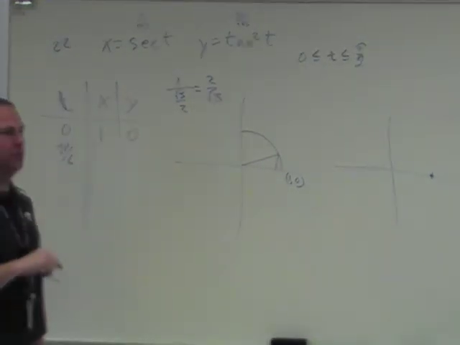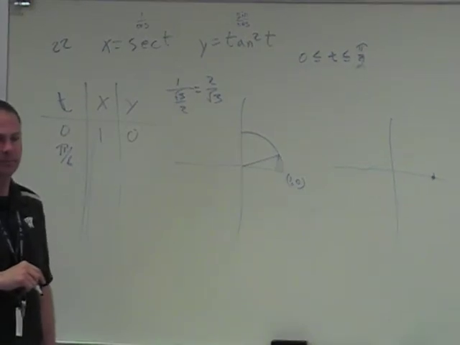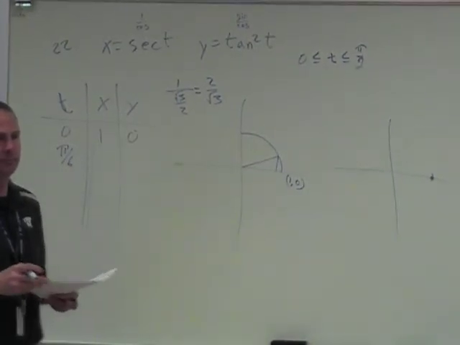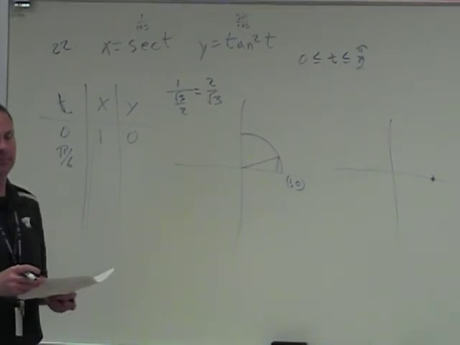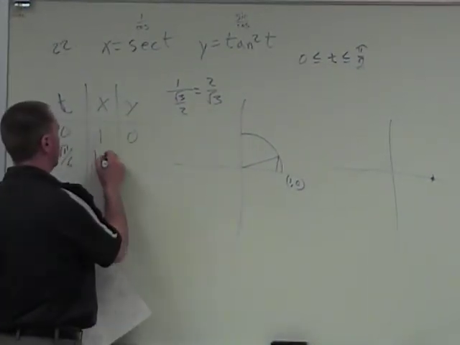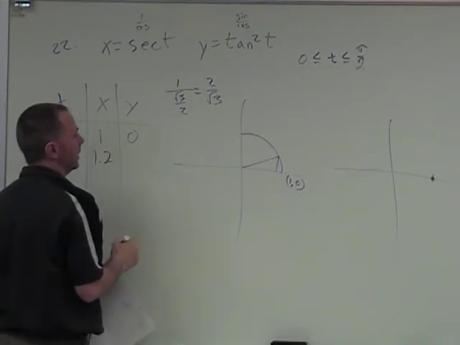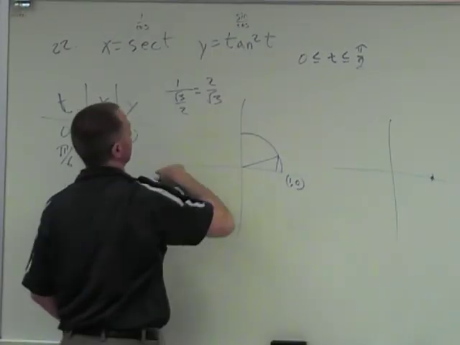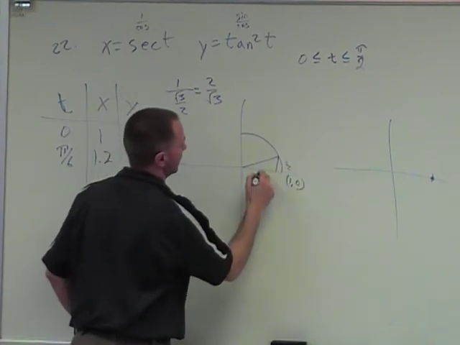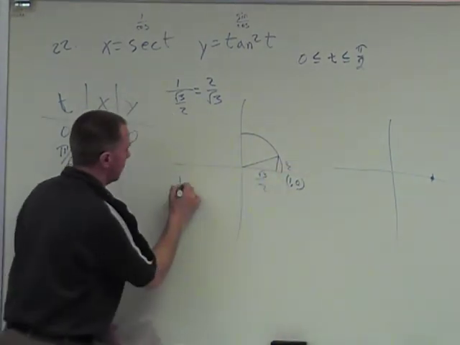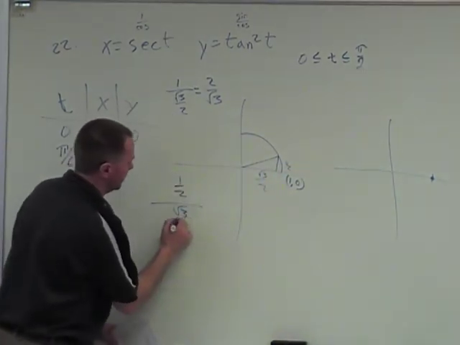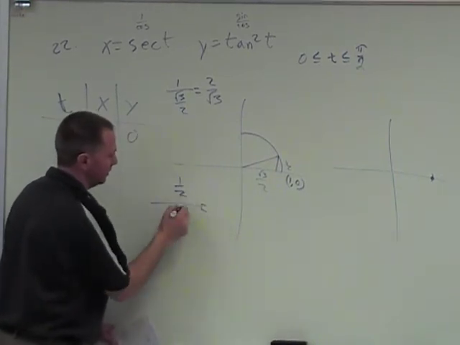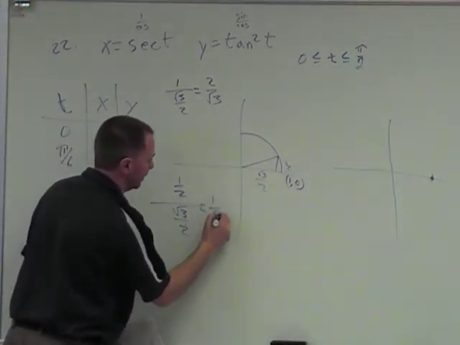So on a calculator, what is 2 over radical 3? 1.2, okay. And then here we have y over x. So the y is 1/2, the x is this. So y over x, the 2's cancel, we get 1 over radical 3.